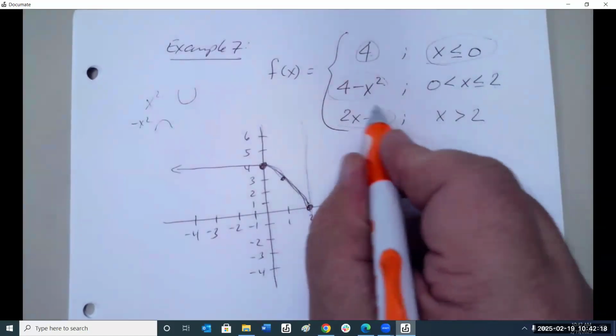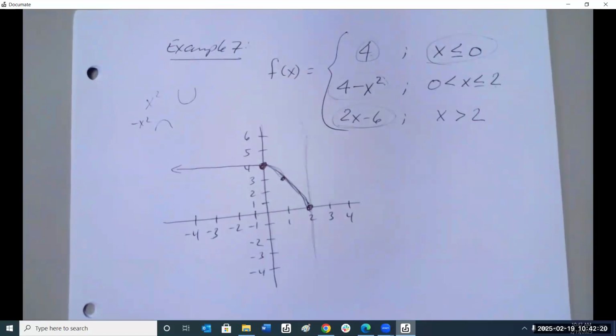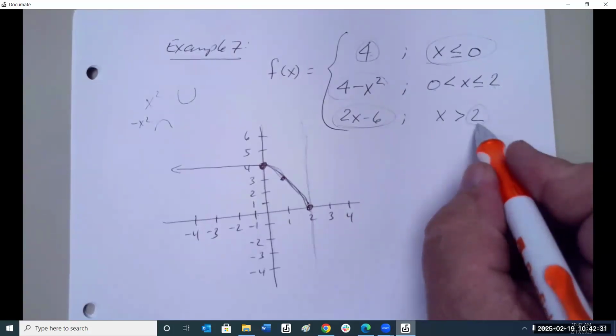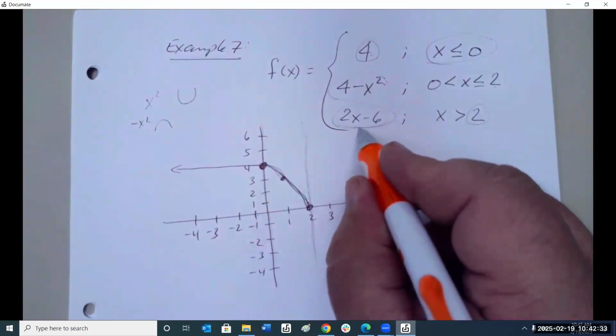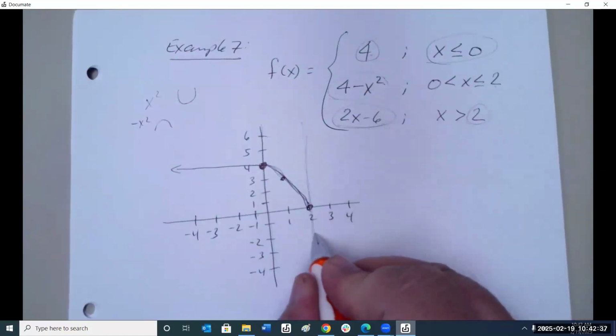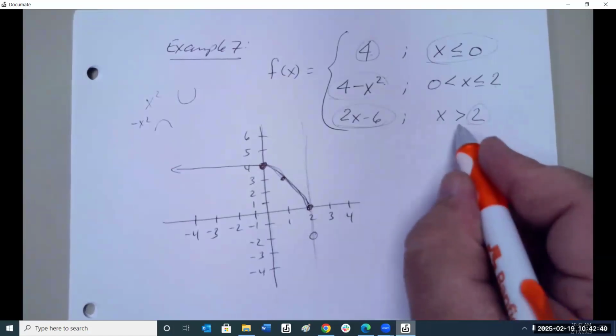The last one is a what kind of graph? Linear. So we know we need a couple of points. So start off with this one. When x is 2, what do we get? Minus 2. Open or closed? Open because I cannot use it.